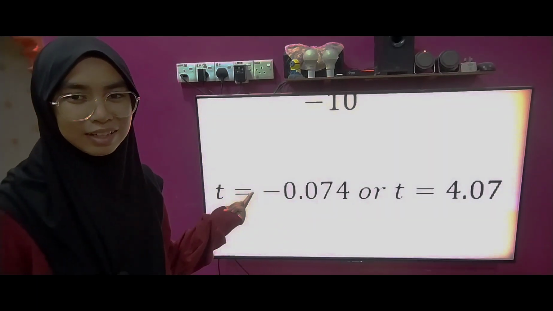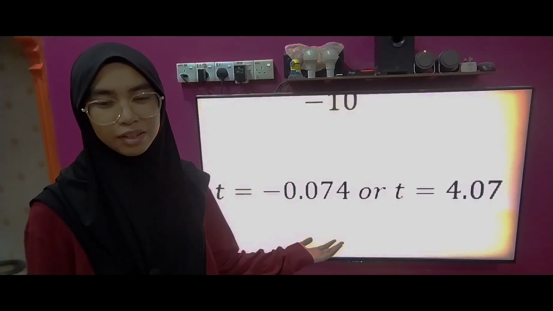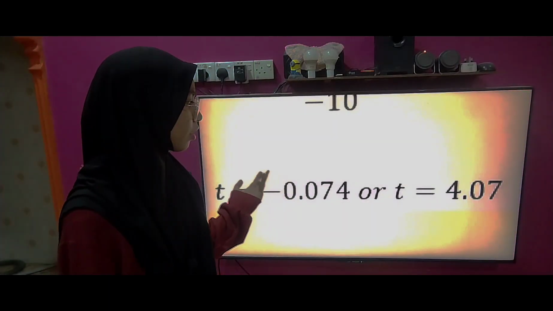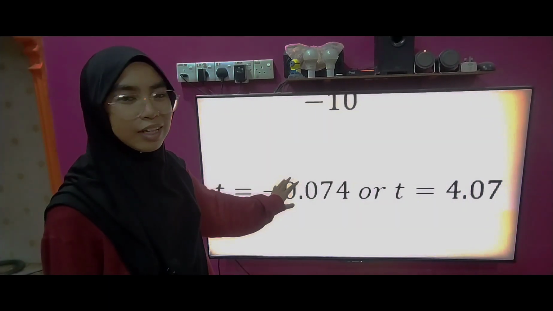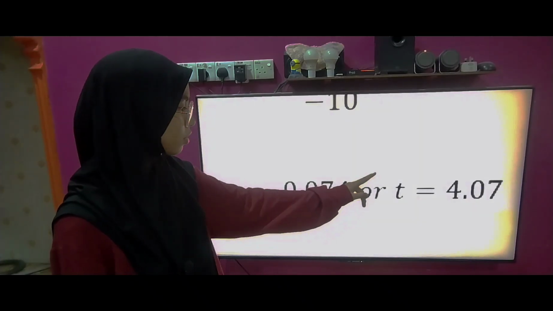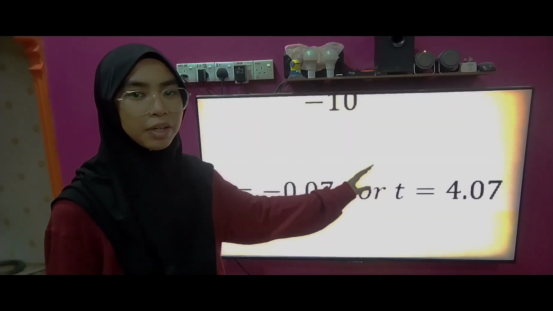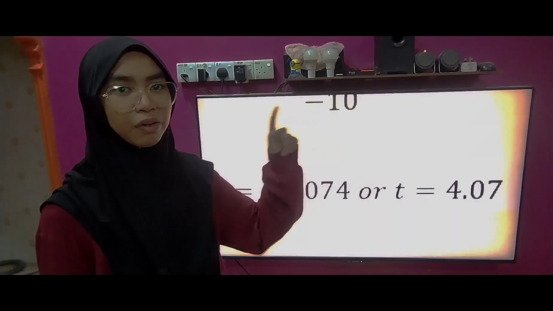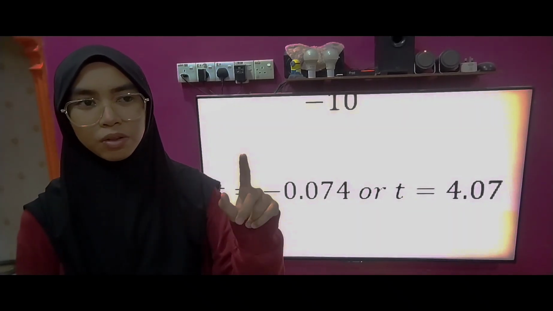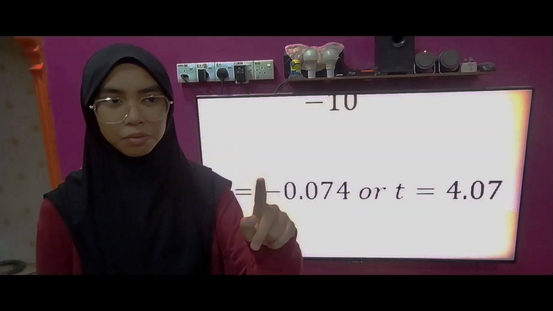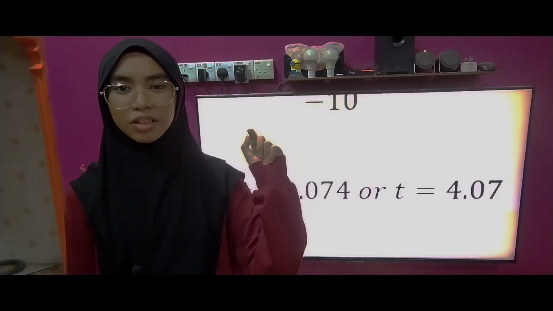You can just say that the negative value for time doesn't exist. So we'll reject this entirely and we'll use t equals 4.07. But this value is when your arrow does not hit the target.